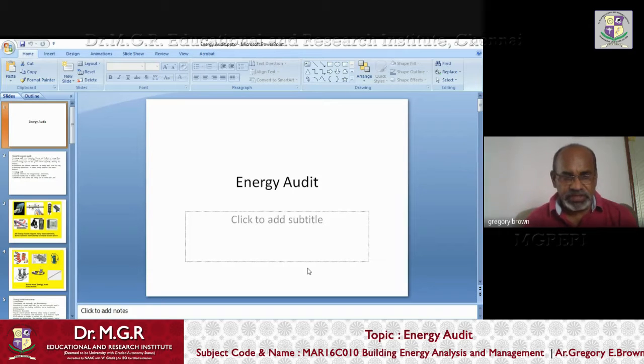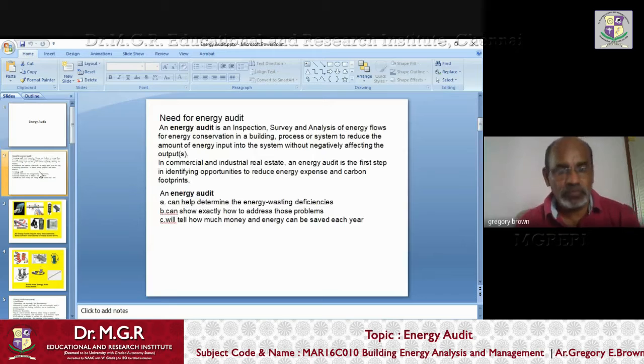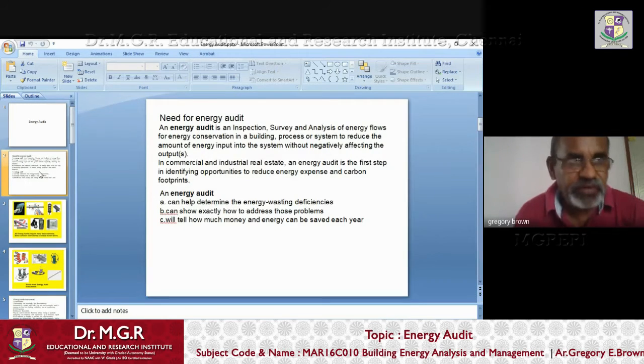So let's look at slightly more on really what is the use of this energy audit. So what is the need for an energy audit? Why do we have to do an energy audit?